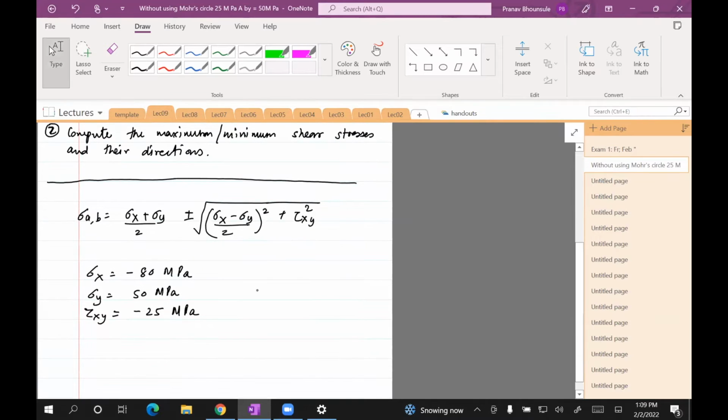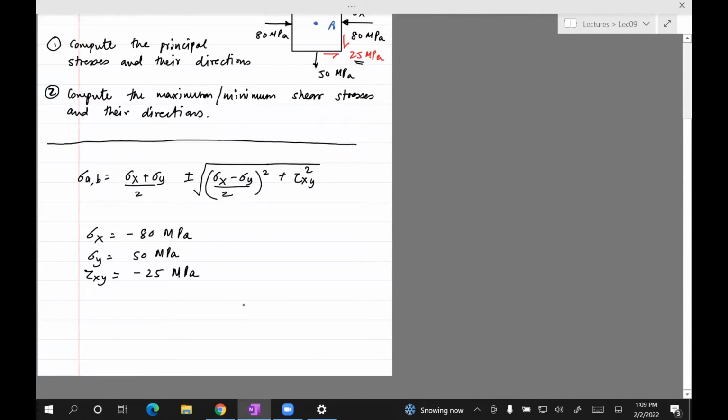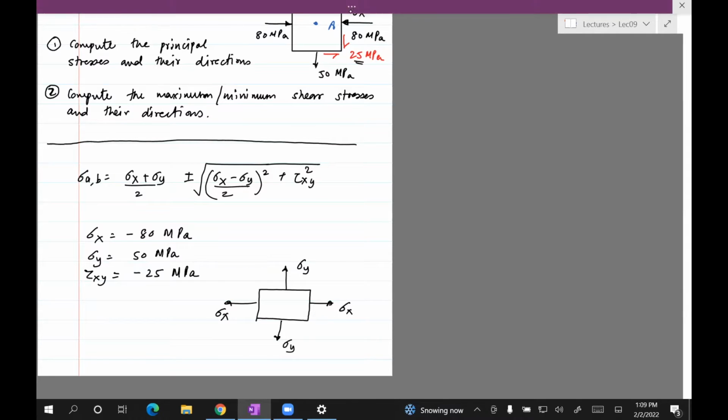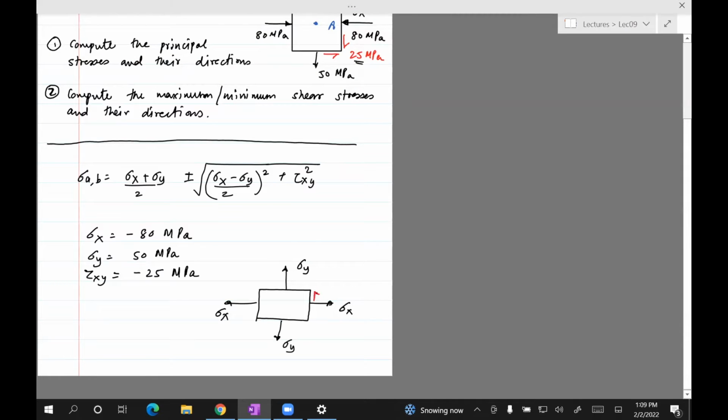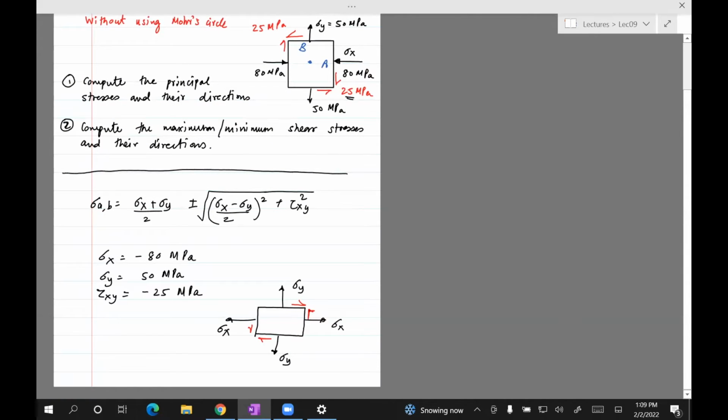In fact, if you go back and see the derivation, which I think I posted now, the derivation was based on this diagram. In other words, if you compare this diagram for the stress, you see that the shear stress on face A is counterclockwise, and that was taken to be positive.